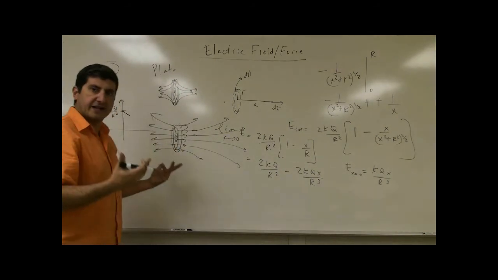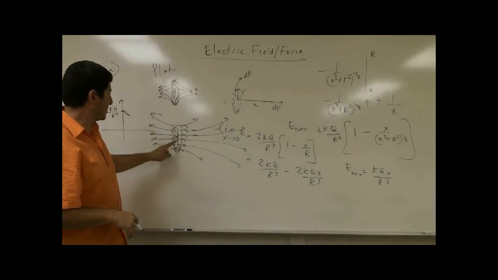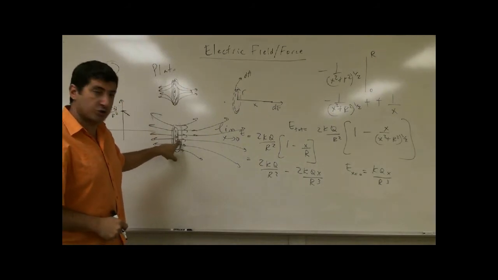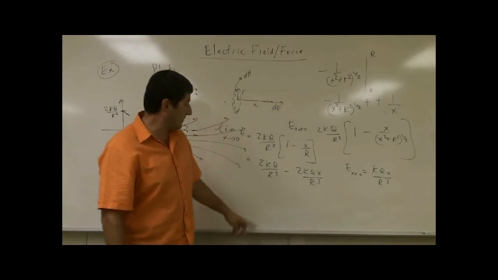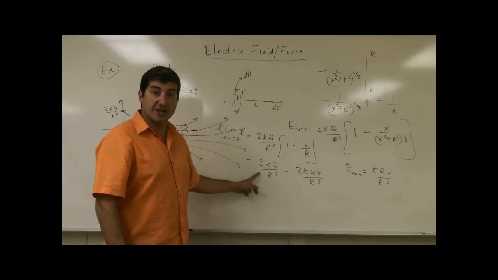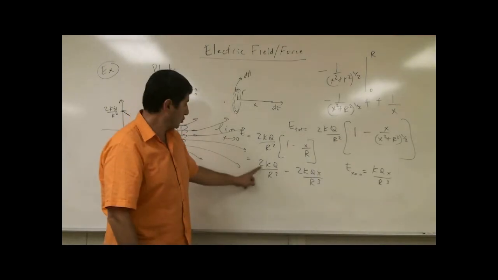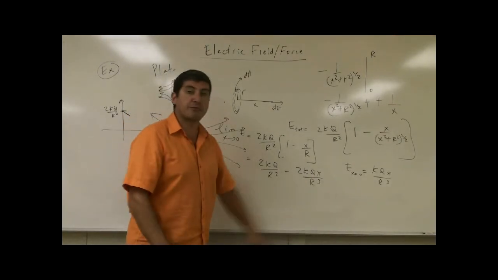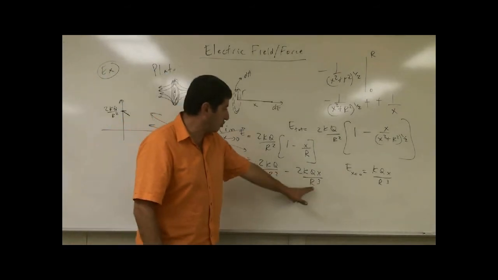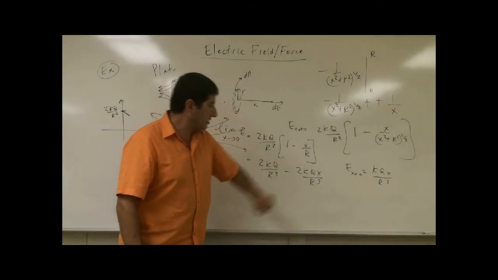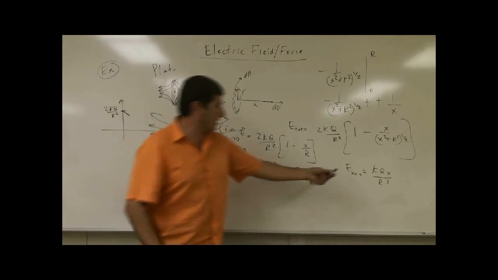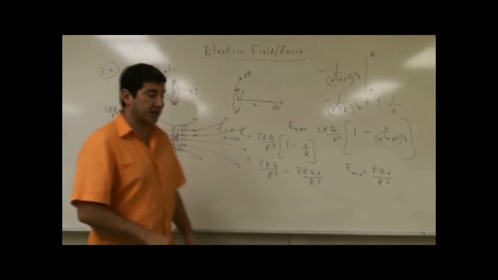So basically the effect of having a bunch of rings is to straighten down the electric field and to make the electric field have a certain value even when you're at the center of the disk, okay? 2kq over r squared, and then it drops off as 2kq over r cubed x, double the value of the behavior of a single ring, okay?